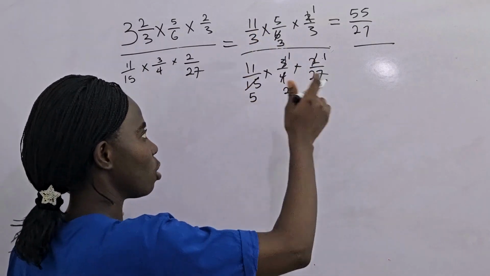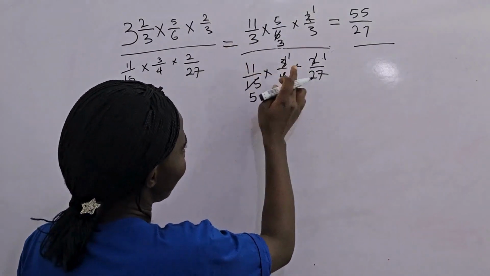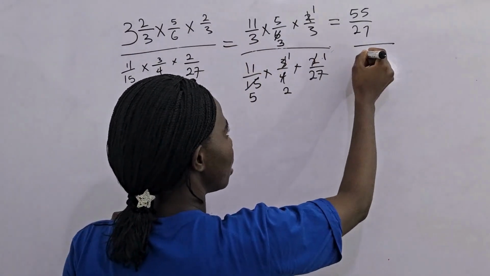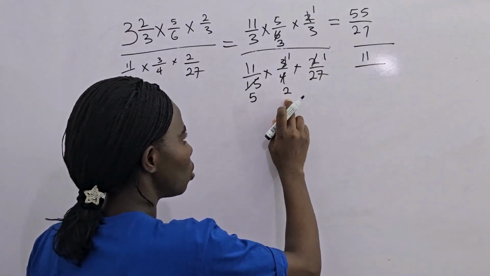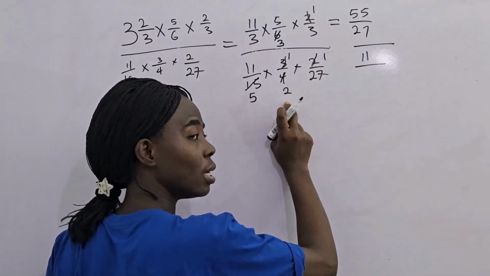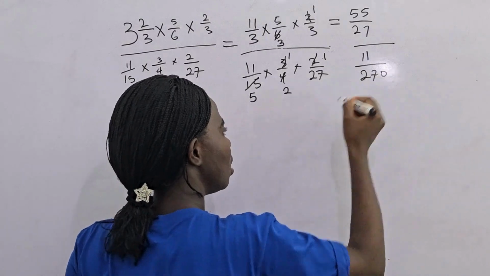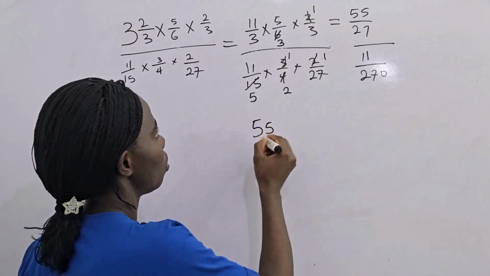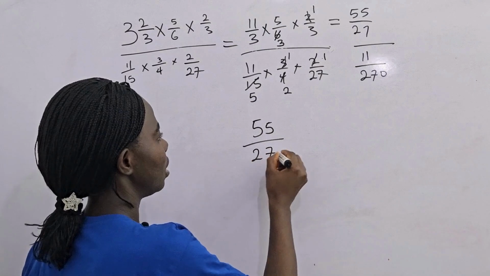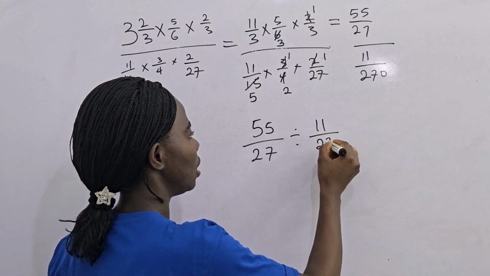So for the upper part, we are left with 11 times 1 times 1, which is 11, over 5 times 2 times 27. 5 times 2 is 10. 10 times 27, that's 270. So in the end, we are left with 55 over 27 divided by 11 over 270.